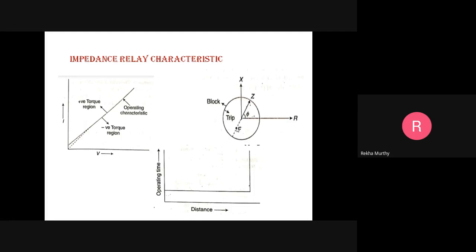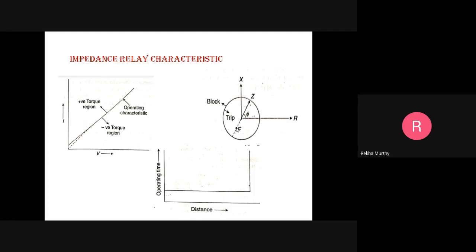For this condition, the relay will operate and send the tripping signal to the circuit breaker, and the region outside the circle is the blocking zone. If the fault point lies in that zone, it indicates it is beyond the protected section of the line, so the relay will not respond.